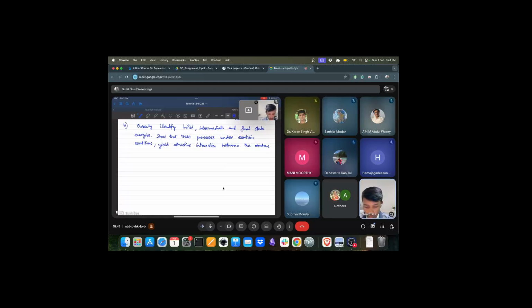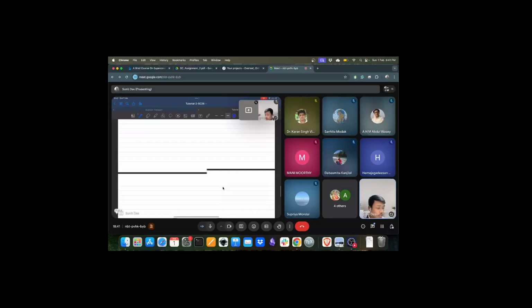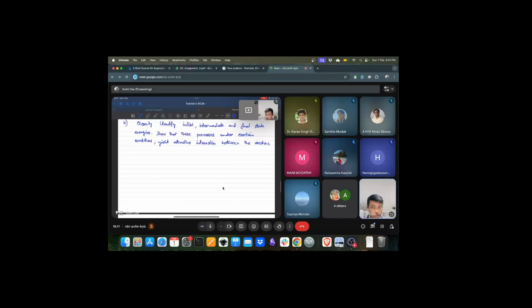So let me start with writing the electron phonon interaction. We cannot fully solve the interacting Hamiltonian, and we definitely cannot solve it analytically, as you have already seen in BCS also.